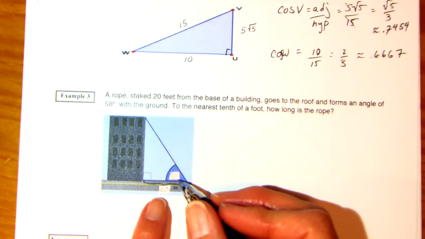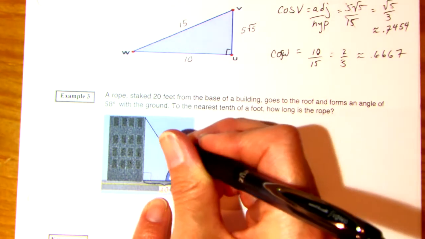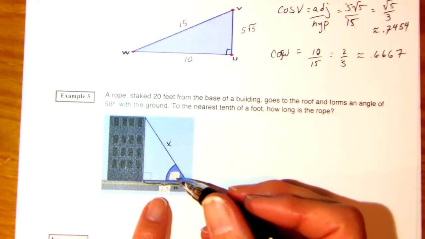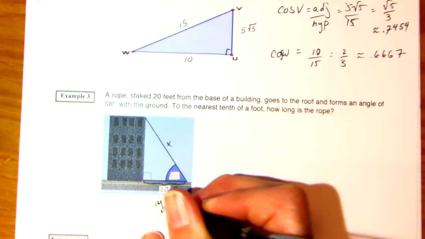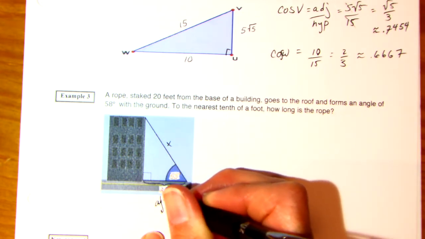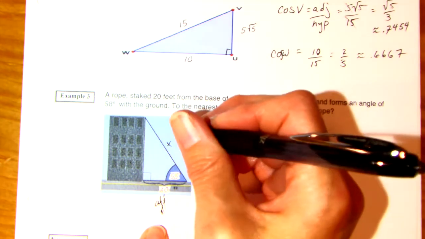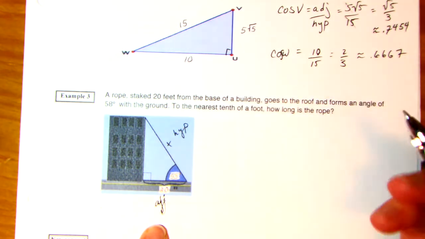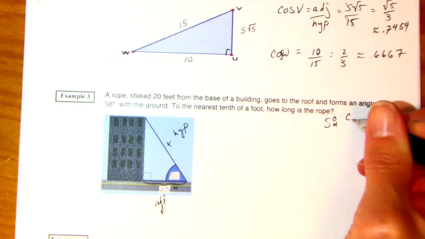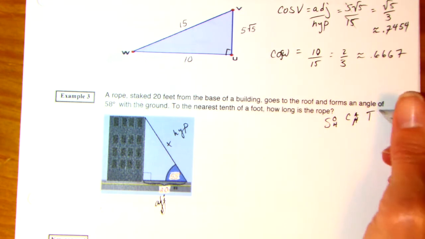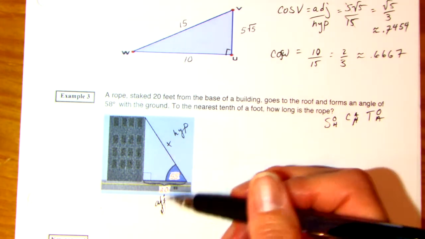All right, so according to this, we are looking for how long this rope is. According to this angle, I have adjacent and hypotenuse. Which trig function? Remember, SOHCAHTOA. CAH.